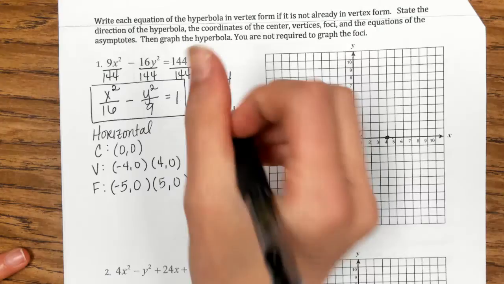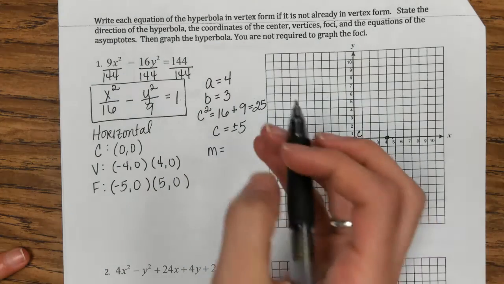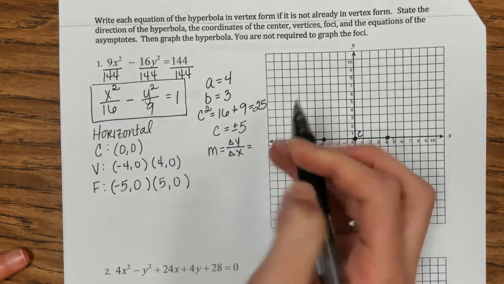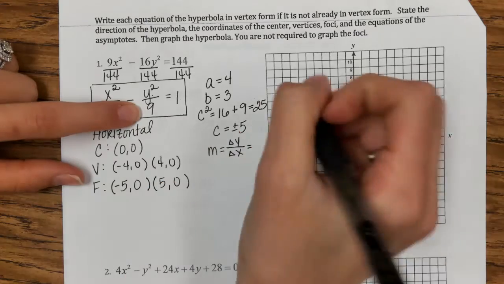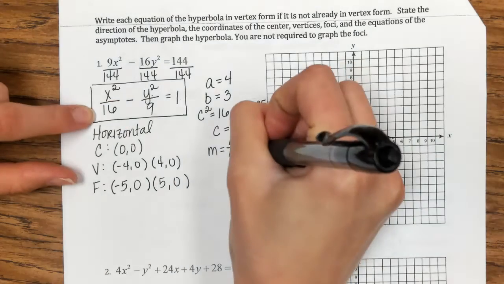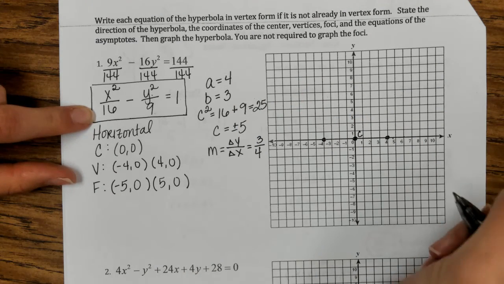Now, I've got to figure out the slope of my asymptote to write the equation of the asymptote. So if we're doing the change in y over the change in x, my y is over the b, so that's 3 over, my x is over a, which is 4. Okay?